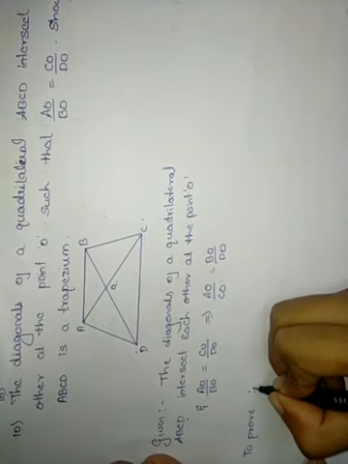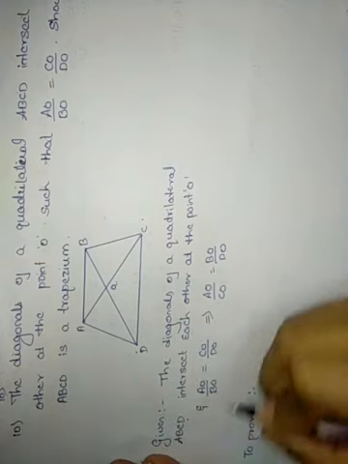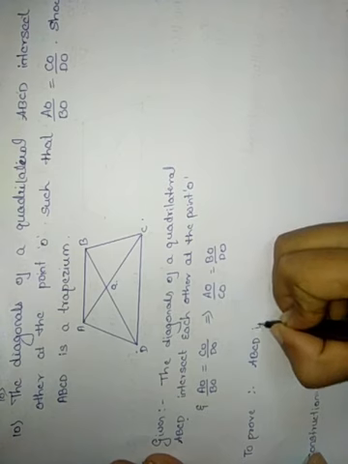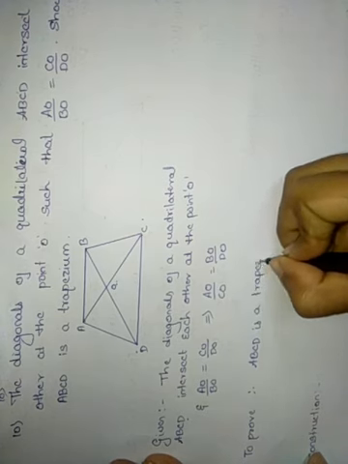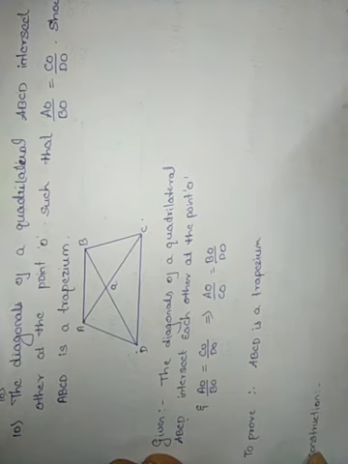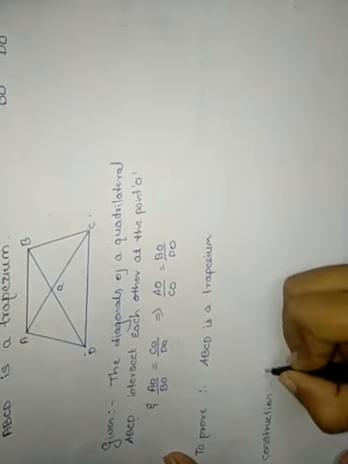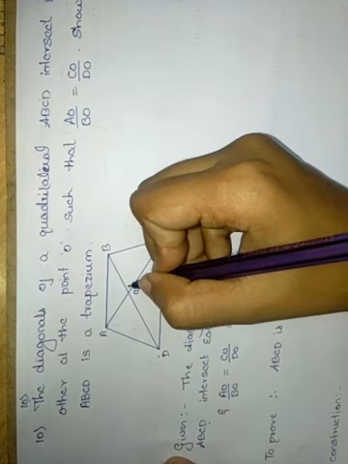We need to prove that. What we need to prove? We have to show that ABCD is a trapezium. Construction. Here, construction will be the same again.